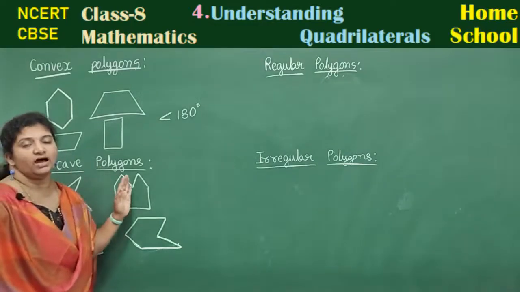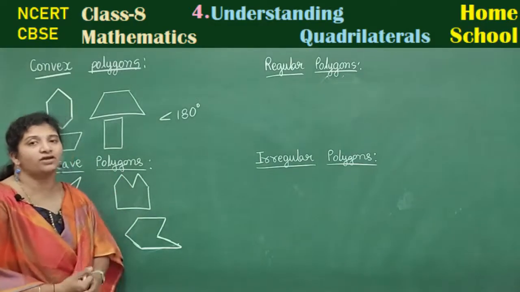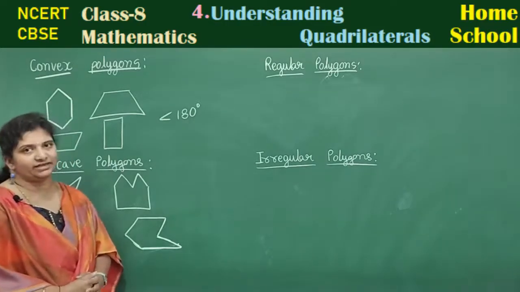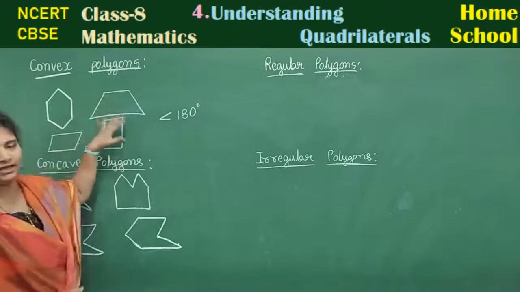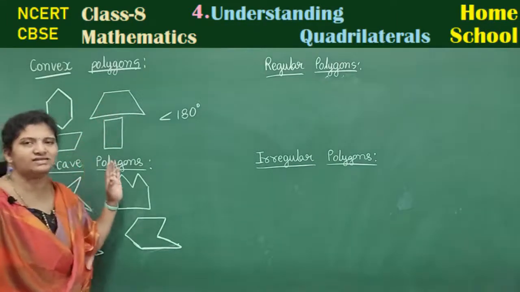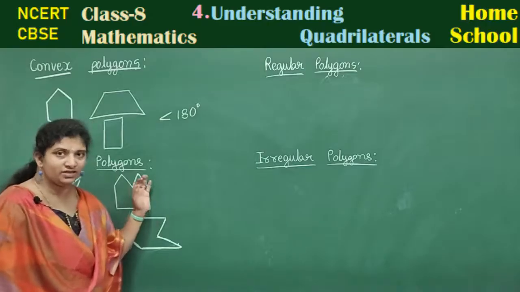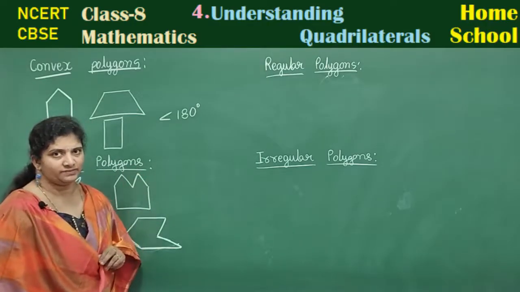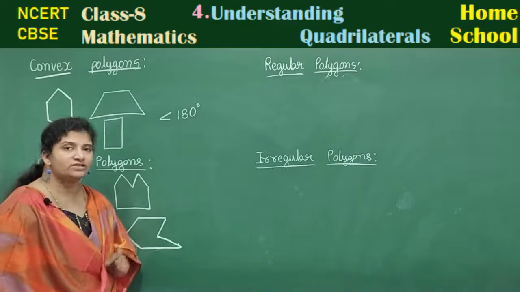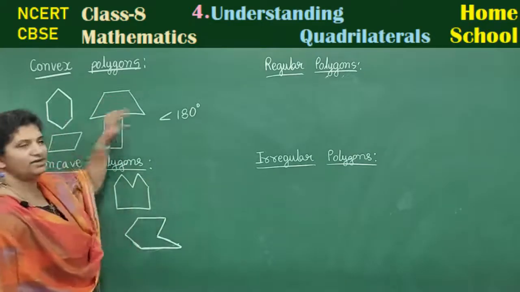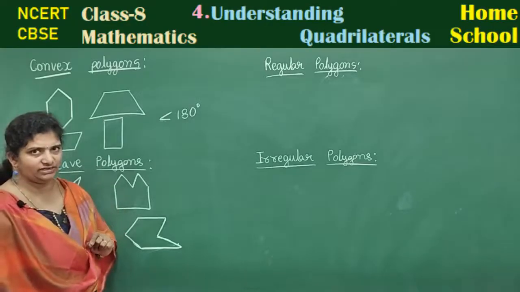Convex polygons are those polygons having all the angles less than 180 degrees. In this polygon, each angle will be less than 180 degrees. Those polygons are called convex polygons. I repeat, convex polygons are those polygons in which each angle is less than 180 degrees.